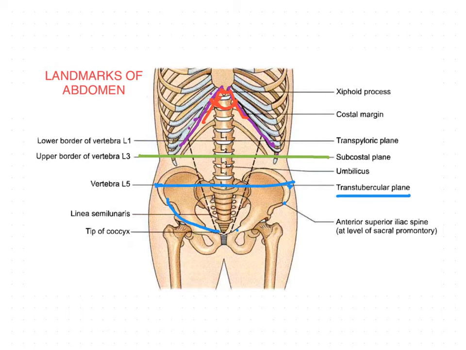So here you can see this is the thigh region. From up to here, this is the thigh region. It comes under the lower limb. So this ligament forms the junction between the abdomen and the front of the thigh region.